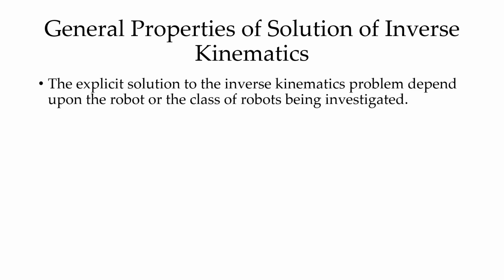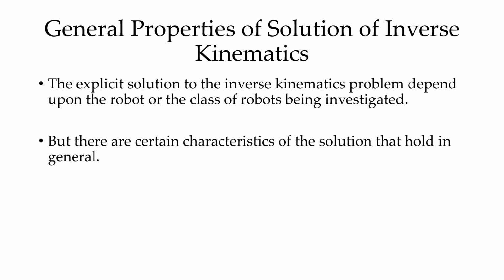The explicit solution to the inverse kinematic problem depends upon the robot or the class of robots being investigated. But there are certain characteristics of the solution that hold in general. They are existence of solution and uniqueness of solution. So the properties that we are going to focus on are existence and uniqueness of the solutions.